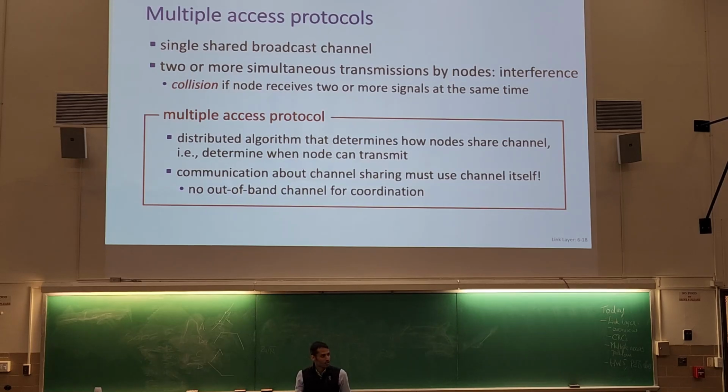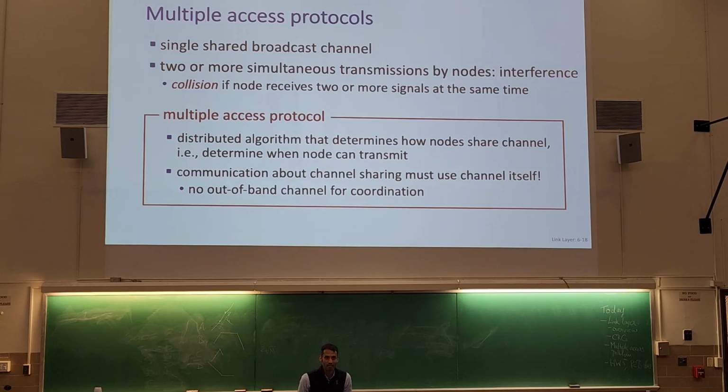And the big catch is we need to make this decision of who is going to talk at any point in time using the same medium. So in the process of talking to decide who is going to talk, you can again have collisions. That's what makes this a challenge.